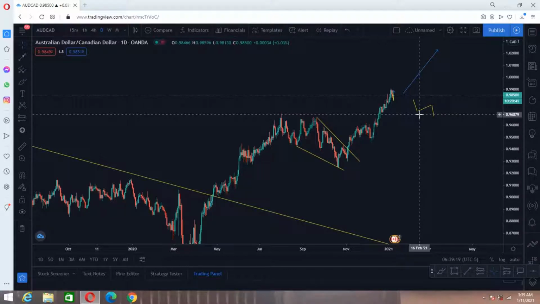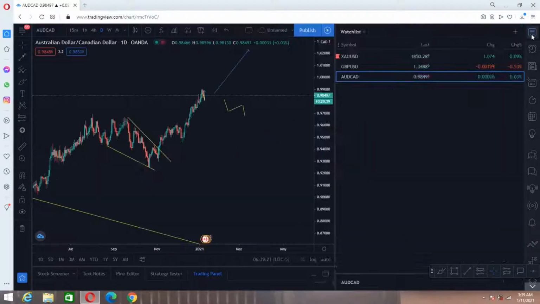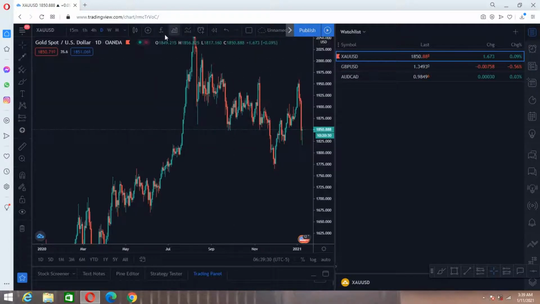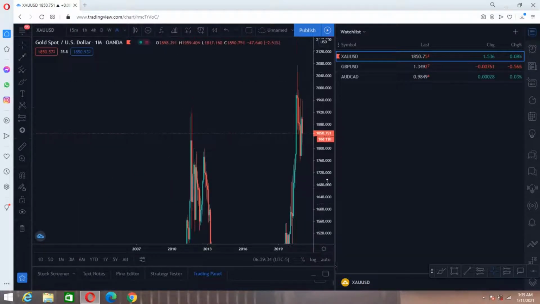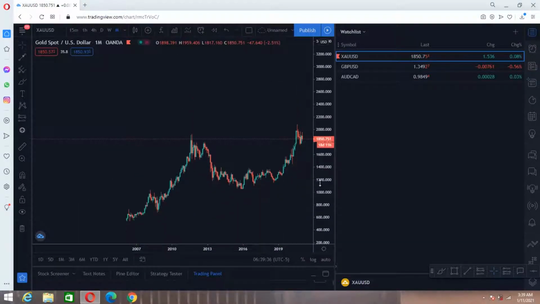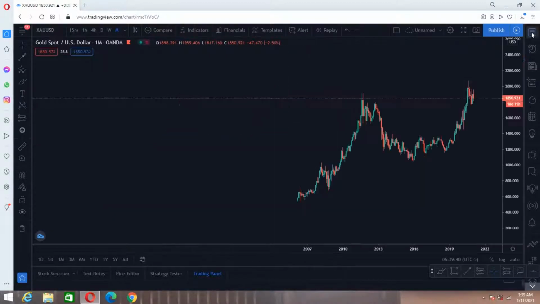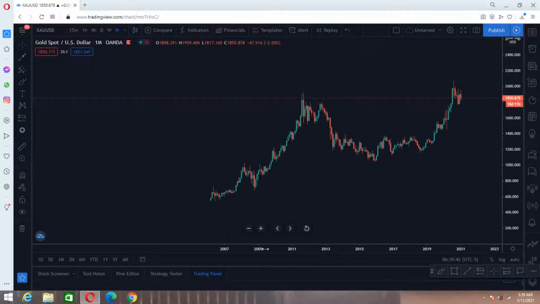So the second trade we're gonna check here is gold. As you can see, let me just go down to the monthly time frame first, so we know what the momentum for this pair is. Let me just do this so you can see it properly.